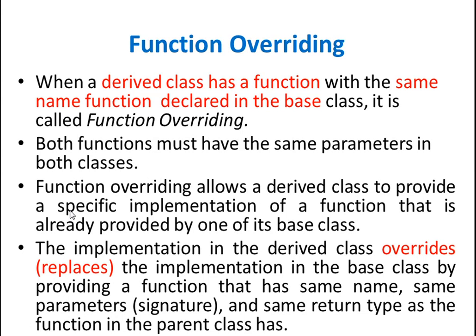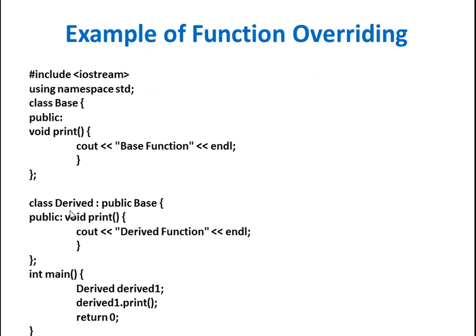Okay, what exactly is function overriding? To understand it, we go through an example. Here again we have taken one class, Base. In this we have written one function, print, and just for understanding, we have given cout, base function, and the base class function ends. From the base class, with public access modifier, we derive another class, Derived, and the name of the function is print.